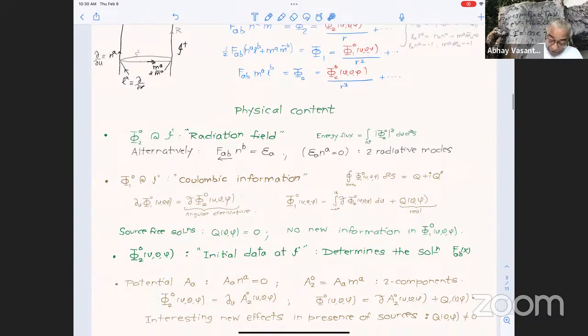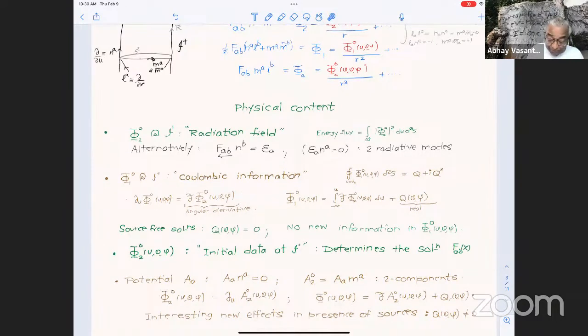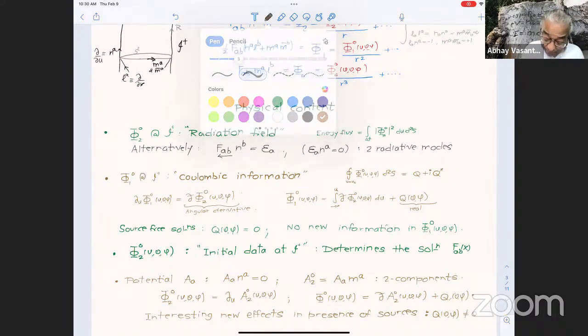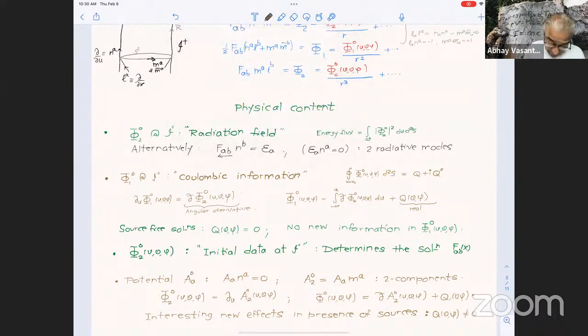Now, what about the potential? The potential again has the property that it is also transverse, and therefore it has a limiting behavior. This A is just the potential at scri, and then I can take its m-bar component, and that gives me A2 naught.